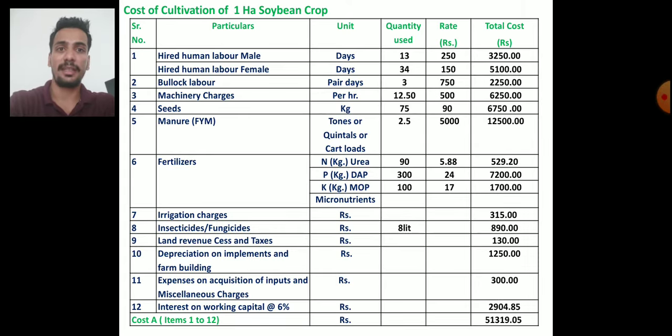Next is insecticides and fungicides, that is plant protection chemicals. I required 8 liters for 1 hectare of soybean. I have not mentioned their rate, because different fungicides and insecticides have different rates. So I have directly mentioned the total cost. For insecticide it is 890 rupees.